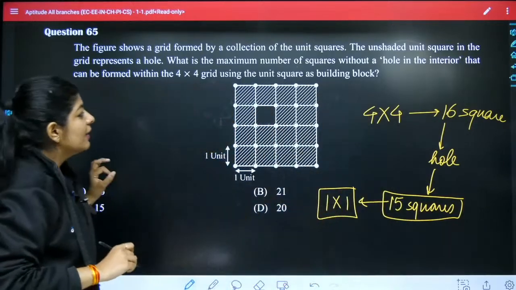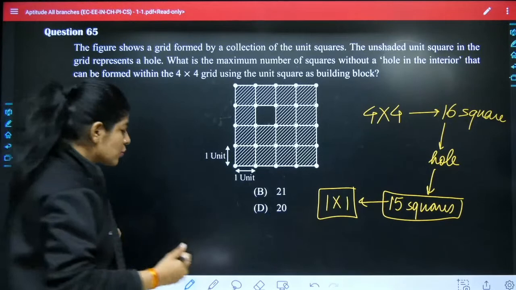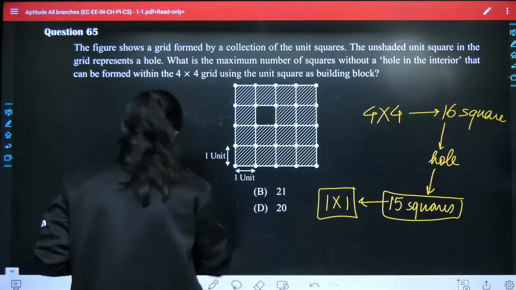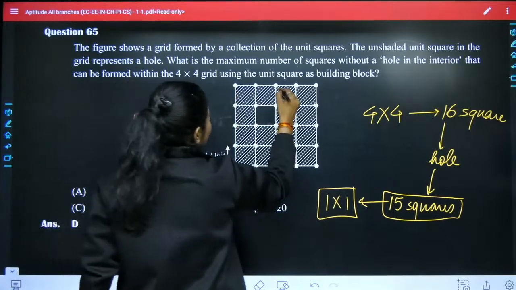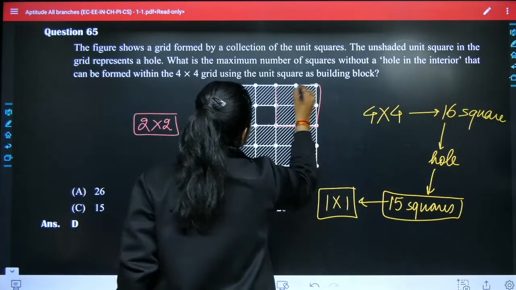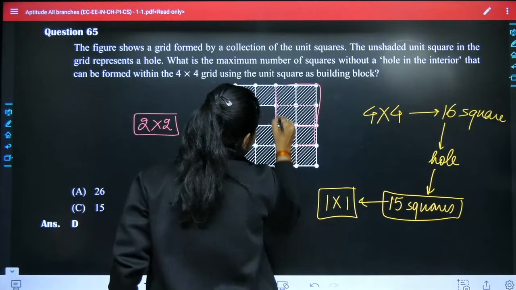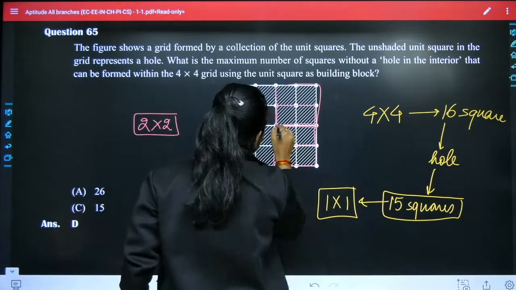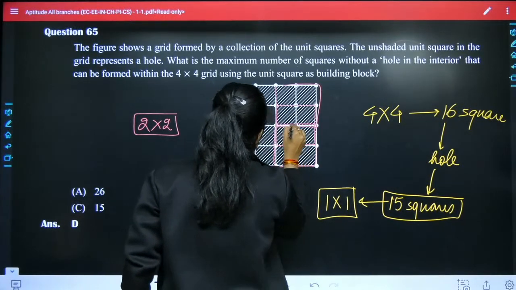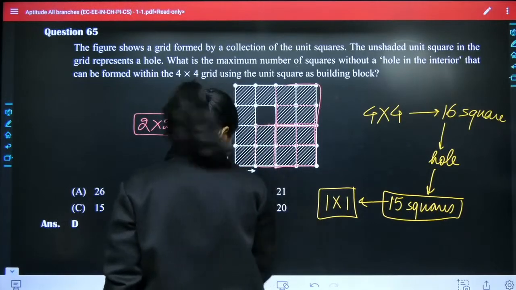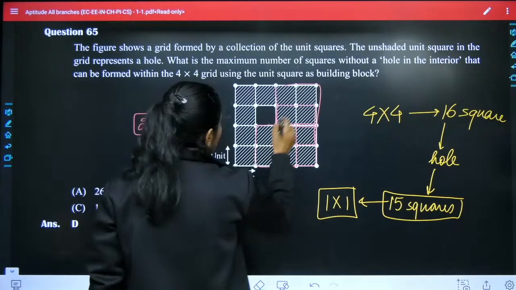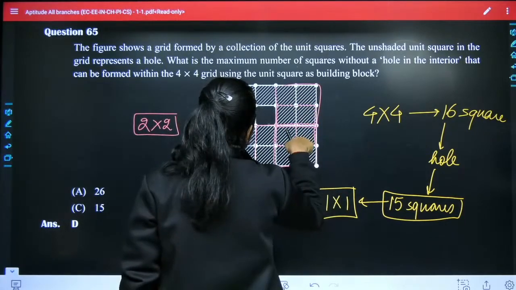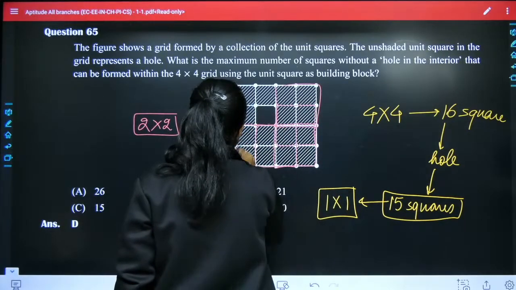Now after 1 cross 1, we also have 2 cross 2 squares, right? Here we have 1, 2, 3, 4, and this is the fifth one.